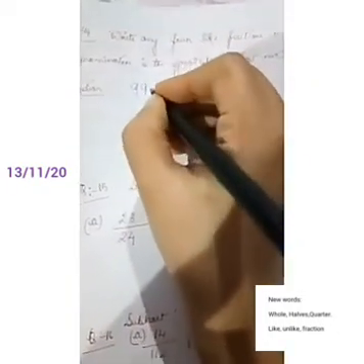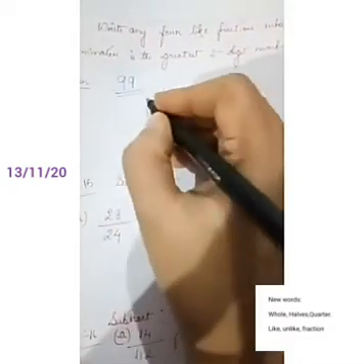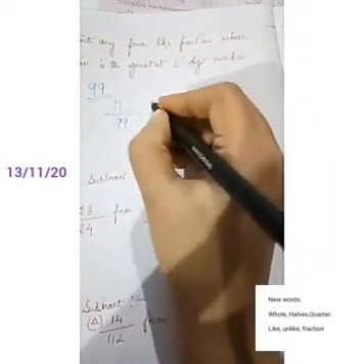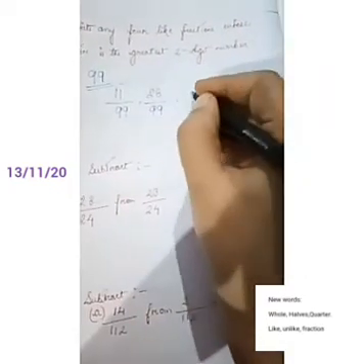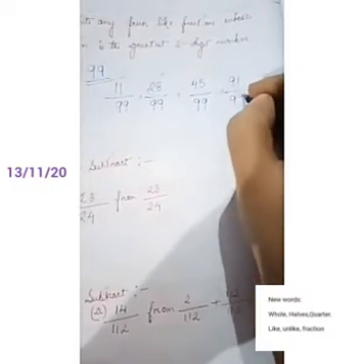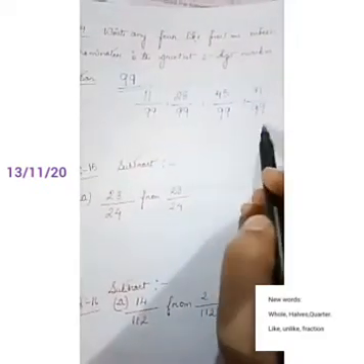So you have to write any fractions with 99 as the denominator. I can write anything. I can write 11 by 99, 23 by 99. These are just random numbers I am giving. Then I can write 45 by 99, then 91 by 99. So what has been mainly asked here? The greatest 2-digit number should be the denominator.